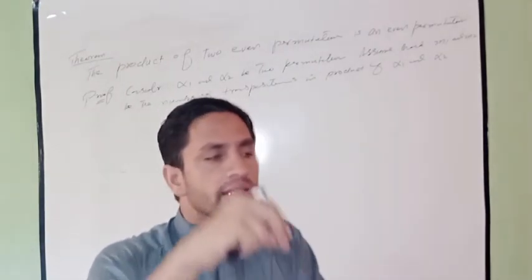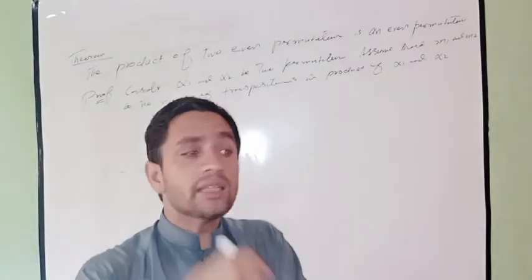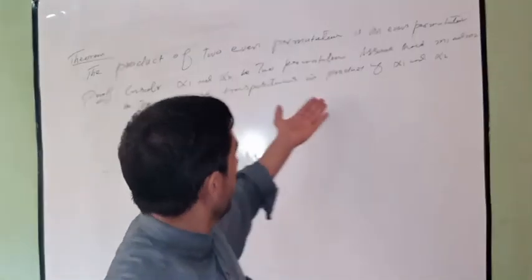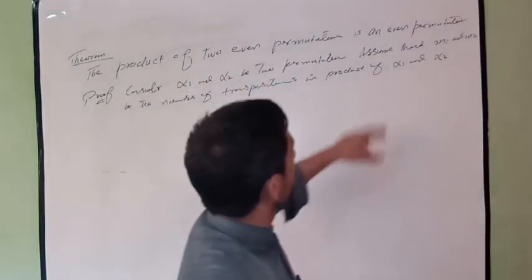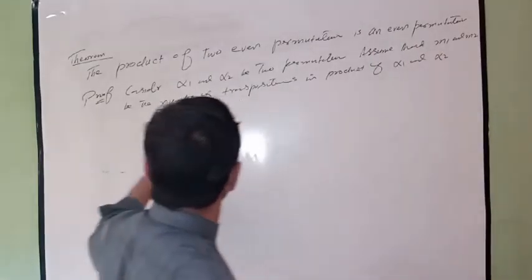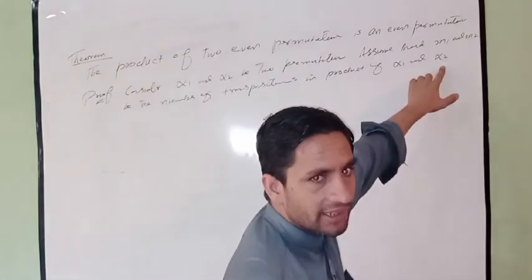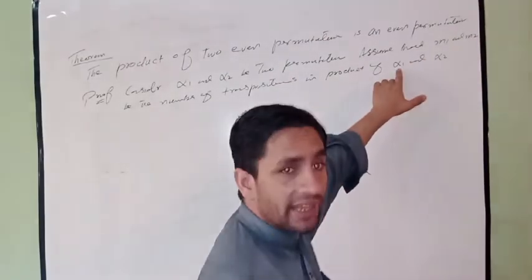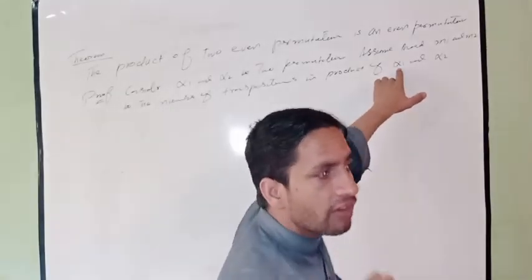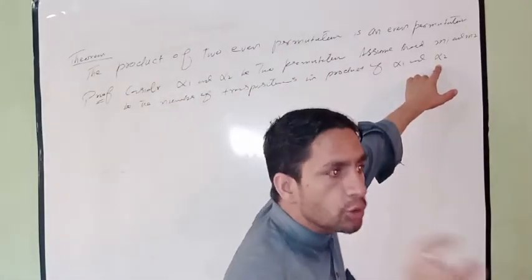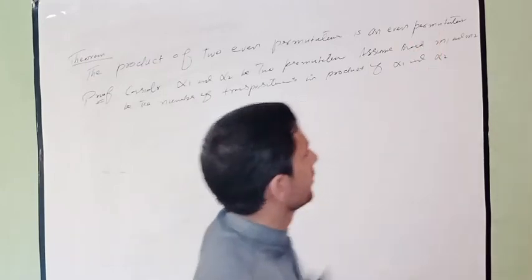It means there is an even number of transpositions in the product of permutation alpha 2. That is, I assume that m1 and m2 are the numbers of transpositions in the products of alpha 1 and alpha 2. It means alpha 1 has m1 transpositions in the product, and alpha 2 has m2 transpositions in its product.